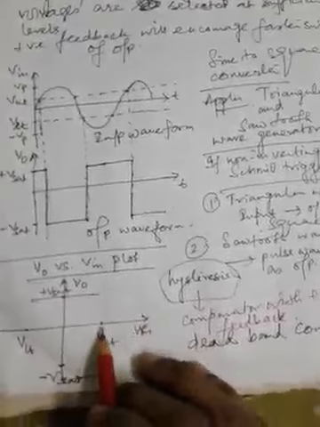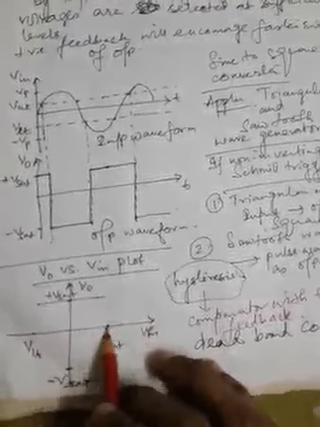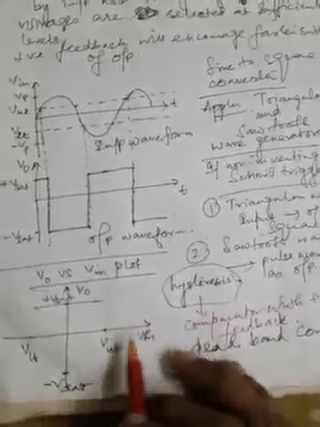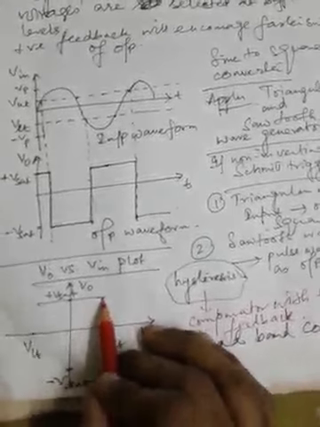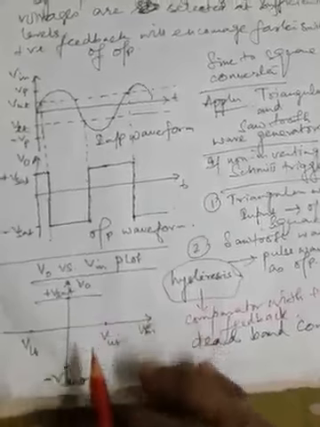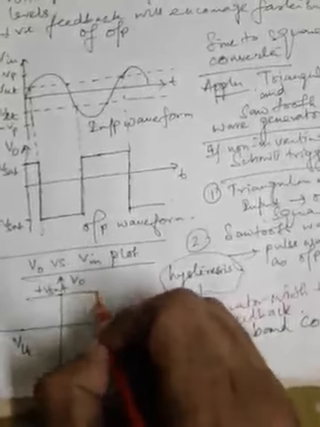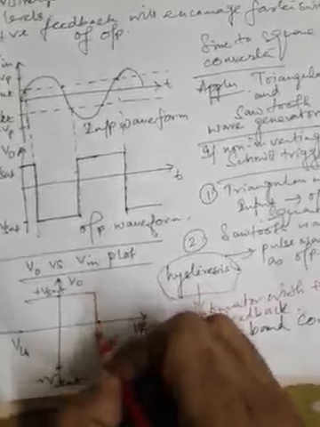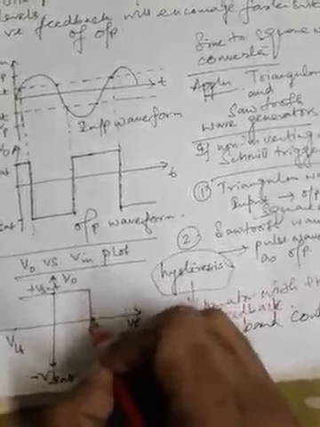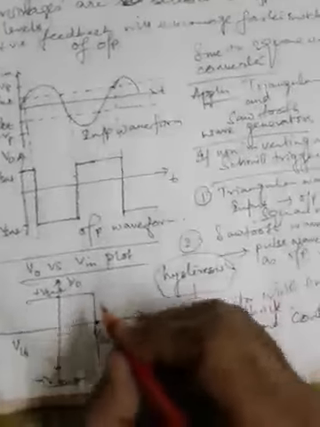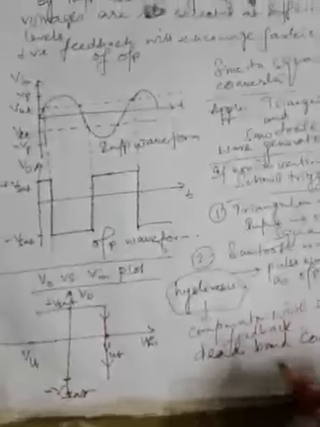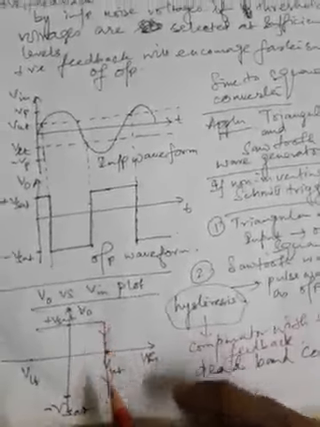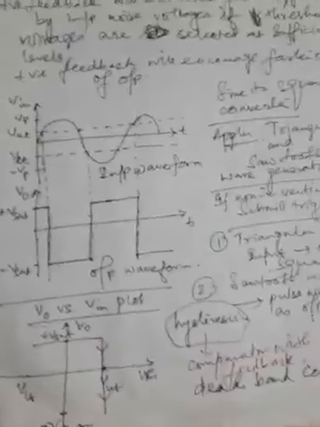But whenever Vin is crossing along this axis towards the right side, that means Vin is greater than VUT, the output voltage should be falling down from positive saturation to negative saturation. So once again it will come down along this VUT point on this curve to attain the negative saturation level. So we should be putting the arrows in this fashion. The curve will be moving from plus Vsat to minus Vsat, moving downward.